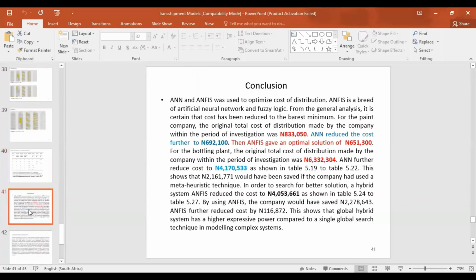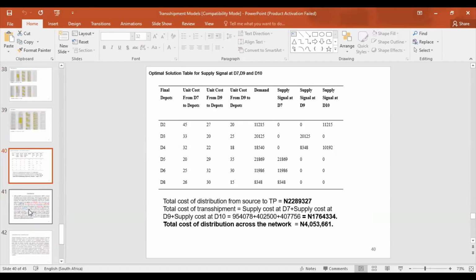At the end of the day, it showed clearly that the total cost of distribution from the source to the transshipment points gives us this value as presented, and the total cost of transshipment makes up the total distribution cost. Using the adaptive neuro-fuzzy inference system, it is about 4 million as compared to about 6 million spent by the company.